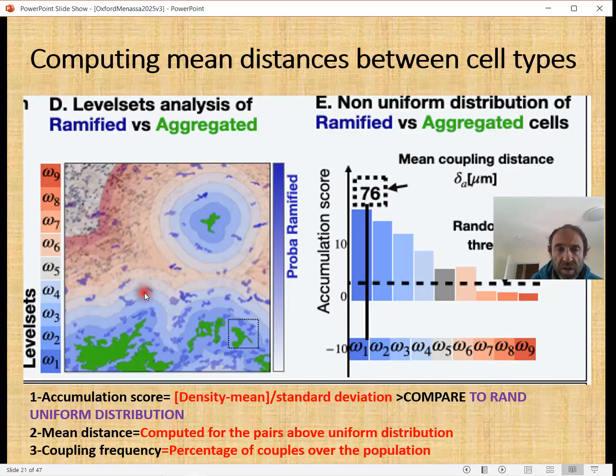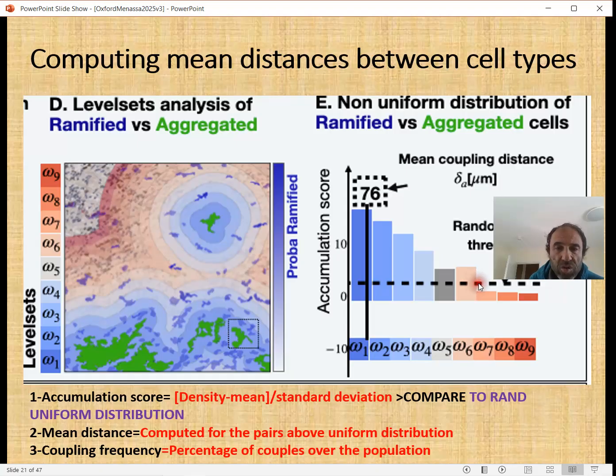So why is this relevant? Because once you have these level lines, labeled from W1 to W9, you can look at how many cells are inside those different regions, and you can compare. Here this is a threshold, which is called the random threshold.